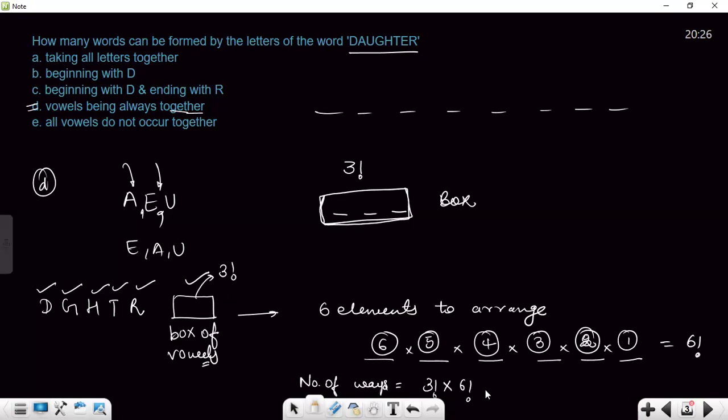If we want to solve further, 3 factorial is 6 and 6 factorial is 720. 6 times 720 gives 4320, that is the answer. Is there any doubt?